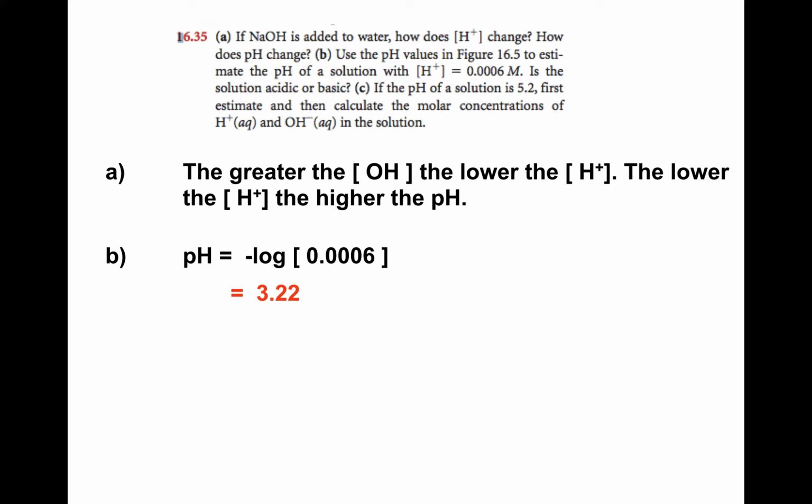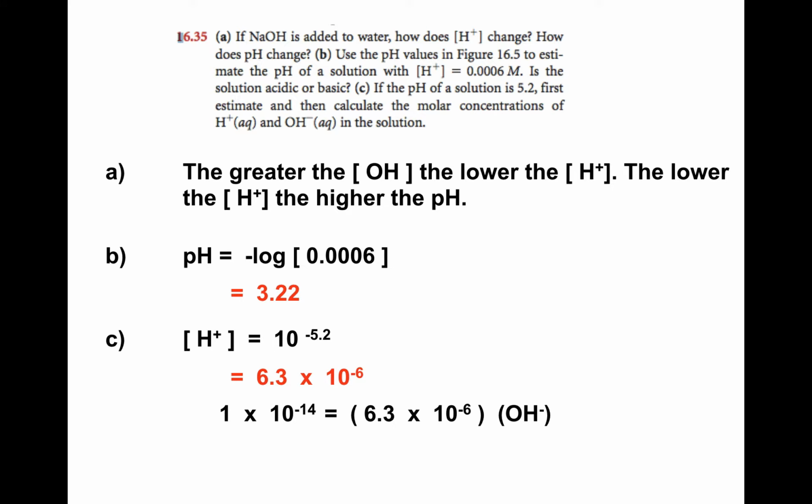Or 10 to the negative pH of 5, something like that. So, all right, so negative 6. So if we know what the H plus concentration is, we divide that into 10 to the minus 14 and get the OH concentration. So 10 to the negative 6, we're looking at an OH concentration of like 10 to the negative 8. Around.